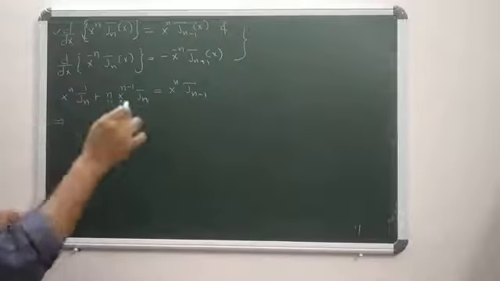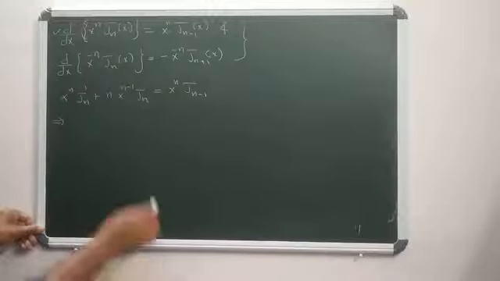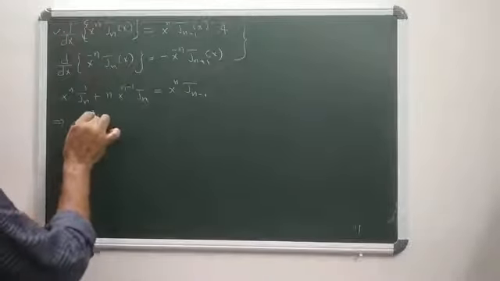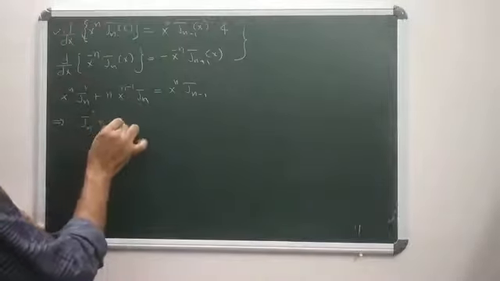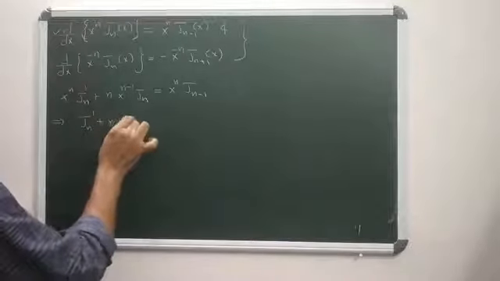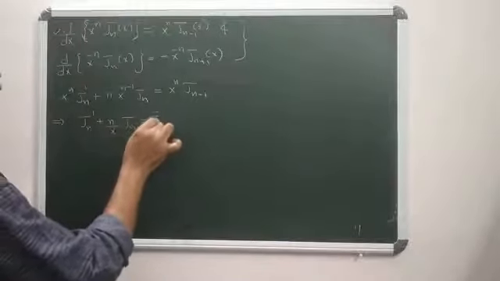If you divide throughout by x power n, what is it? It is Jn prime plus n by x Jn equals Jn minus 1.